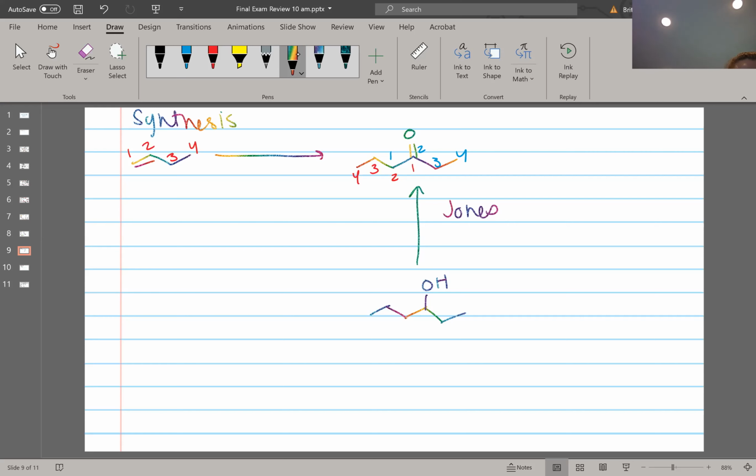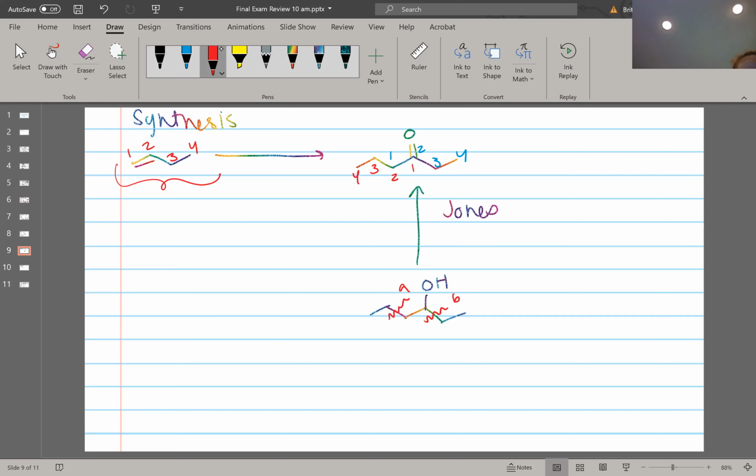Okay, so how could we make that alcohol? We know that we have to have a 4-carbon piece and a 2-carbon piece because we're starting off with 4 carbons. So the question is, are we making this bond or this bond?